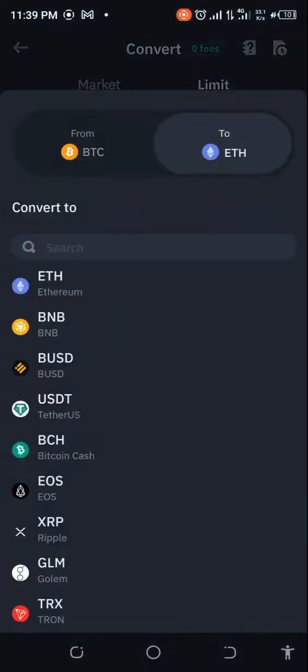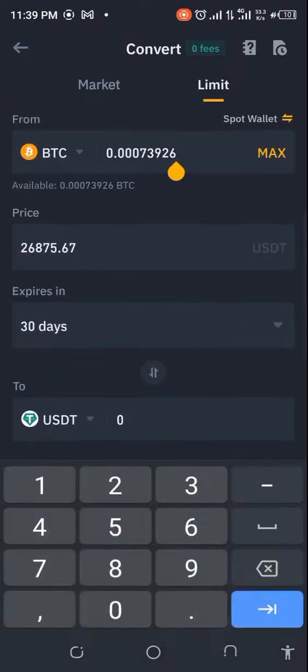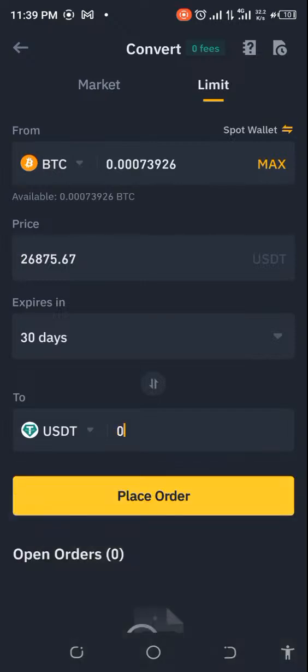Oh, this is supposed to be USDT. All right, so let me put max here. And when you put max, you're going to have to click on enter. It will go to the next one. Then we'll go to the next one. Okay, and then let's see if it will enter.